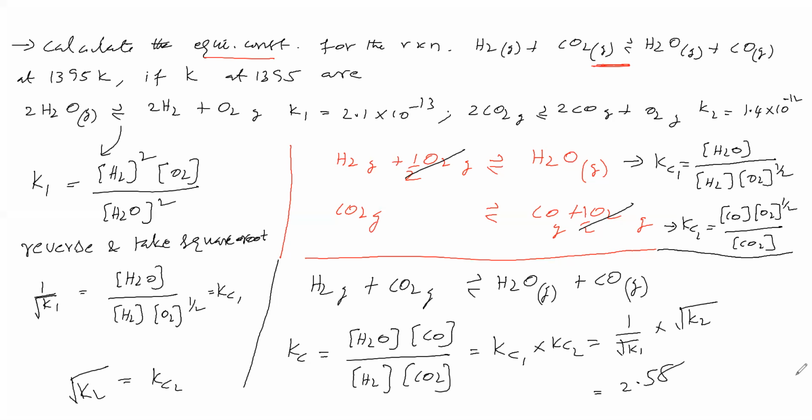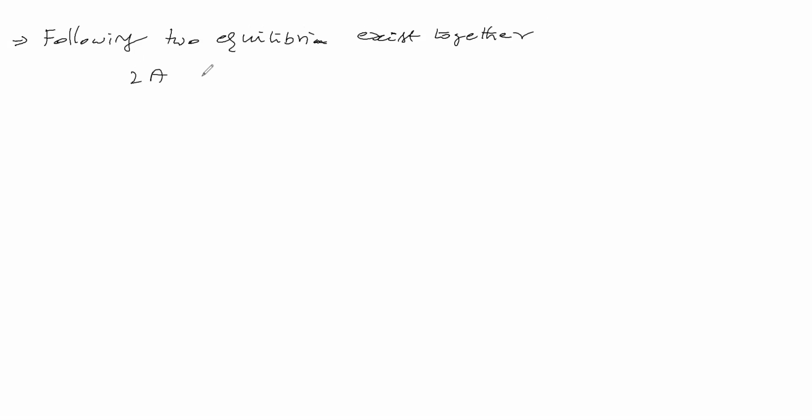Let us go for the next equation. The next question: the following two equilibria exist together, that is 2A gives I with K1 and K2, and I gives B plus C with K3 and K4.